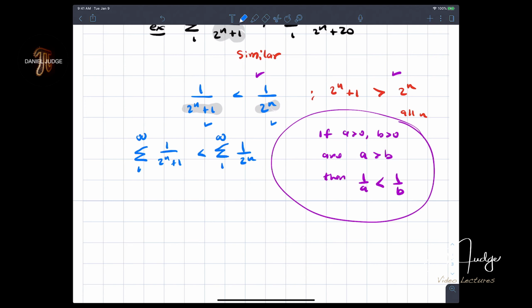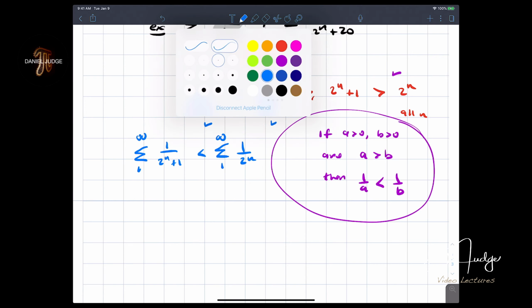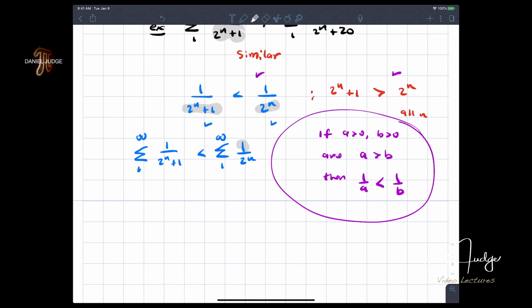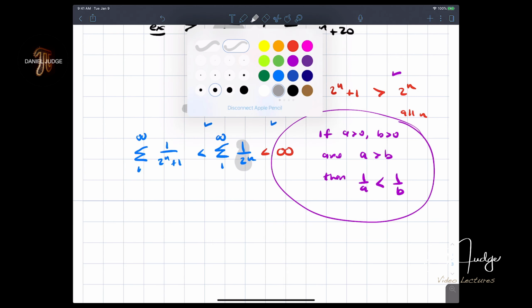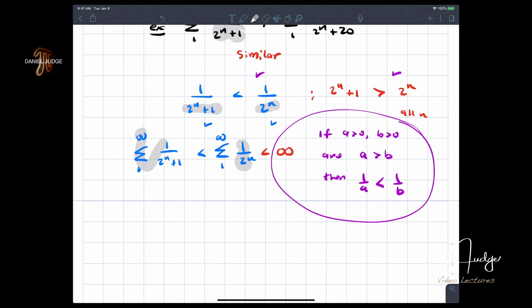And we also know that the bigger series, this series here, is finite. So that forces the smaller series to also be finite by this inequality.